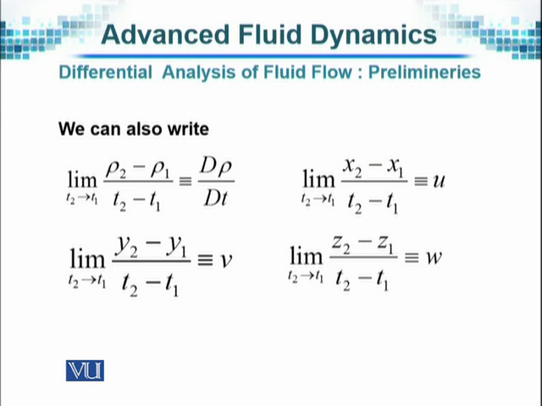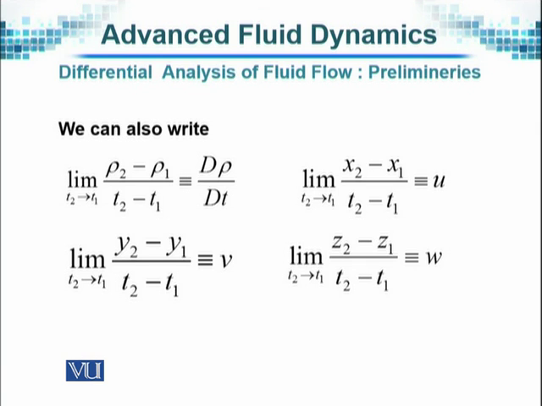And then after doing this part, we take the limit as t2 tends to t1. That means we are reducing the time difference between t2 and t1 to be small enough but good enough to give an indication of a fluid flow.